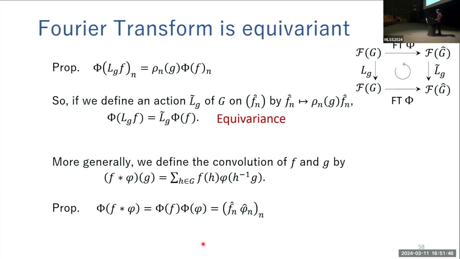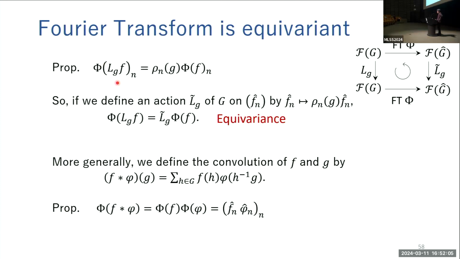And also, it is very easy to check that this general Fourier transform is equivariant to the shift by the group. In this case, the shift by the group element g is defined by this, the regular representation, right? This is just a shift of the function.